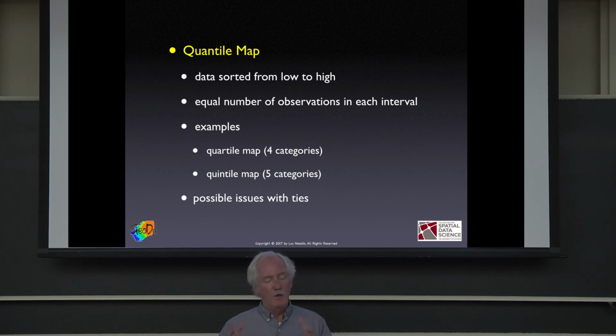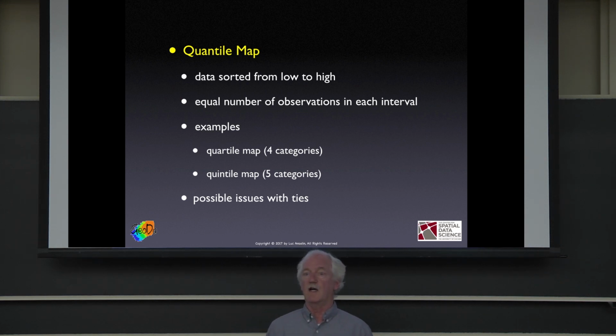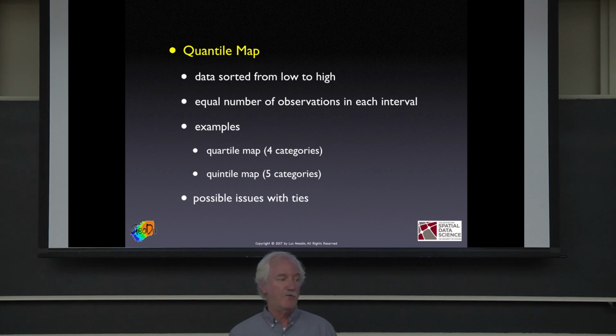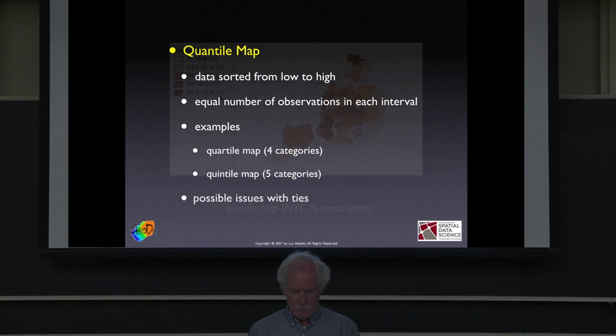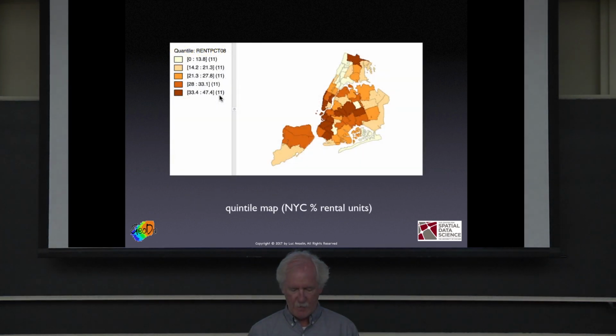Whenever you make a map, for example in GeoDa, it will automatically do this classification and bump them up to the next higher category. But if you look closely at the legend on the left, you might see that some of the lower categories have 0 observations in them. That's due to ties. So ties are bad for quantile maps, even though quantile maps are some of the easiest maps to make, and we'll see a lot of examples in the lab.